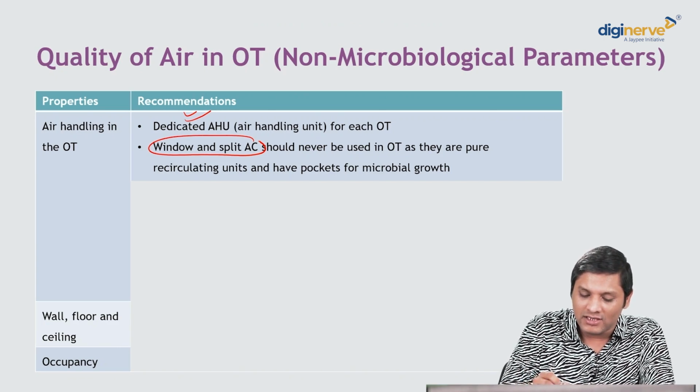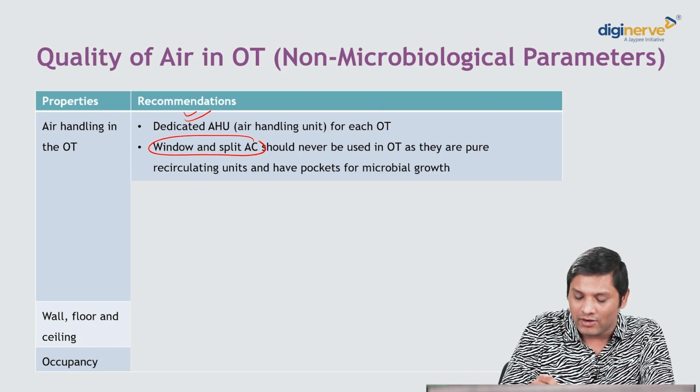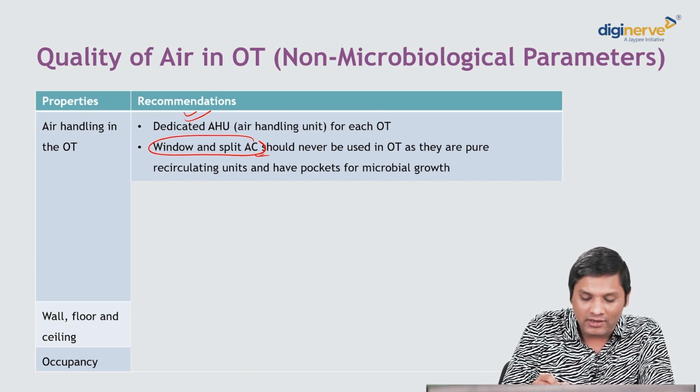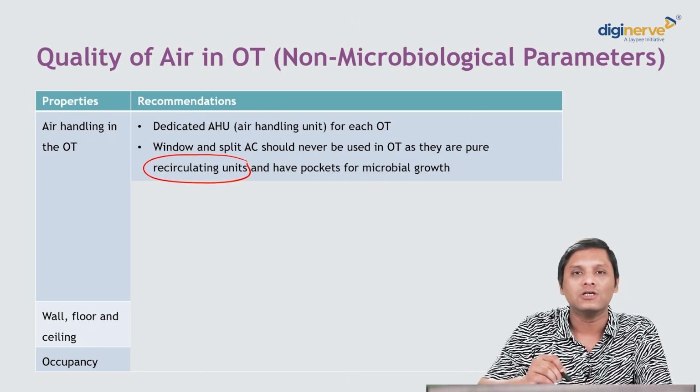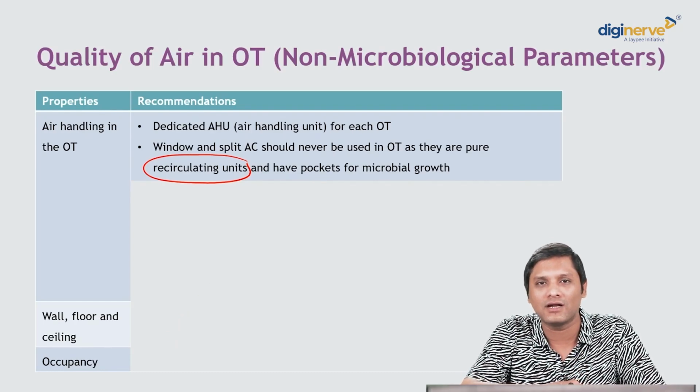The reason why you should not use window and split AC is that these are pure recirculating units. They only recirculate the operation theater air again and again. Therefore, they cannot take the air out to the outside environment. They cannot provide fresh air into the operation theater.